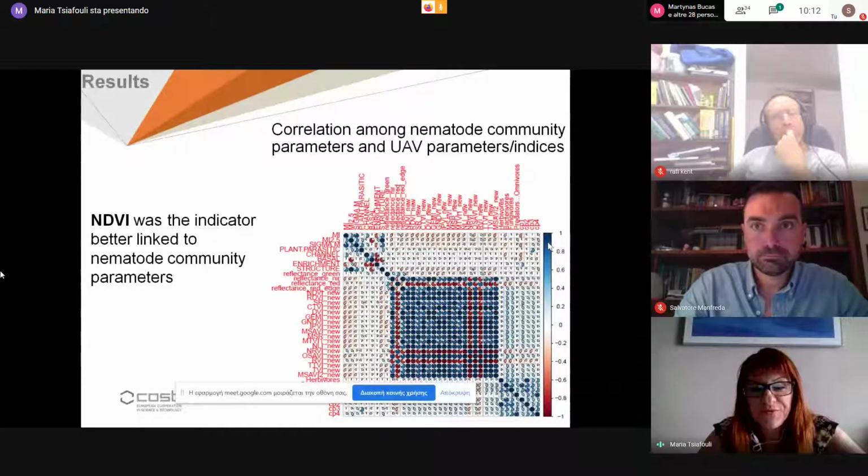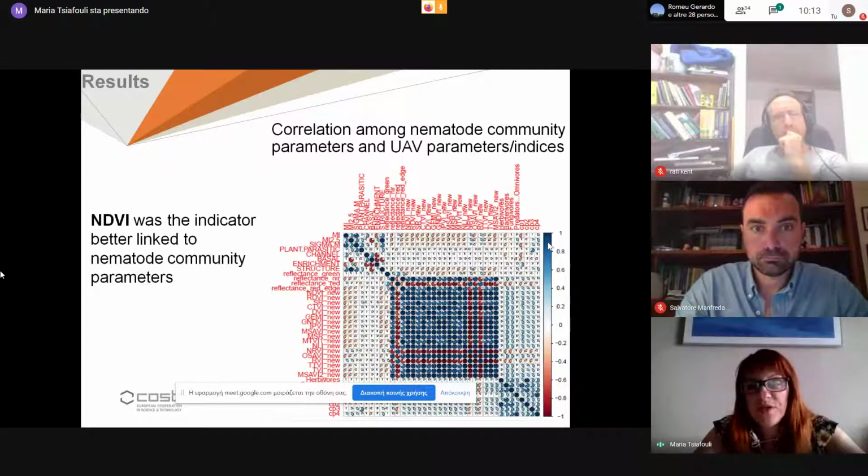And you can see here, just a glimpse of the correlations. Basically, we found that the NDVI index worked best, which is actually somewhat expected. It describes well the details of the vegetation, the changes in the vegetation.